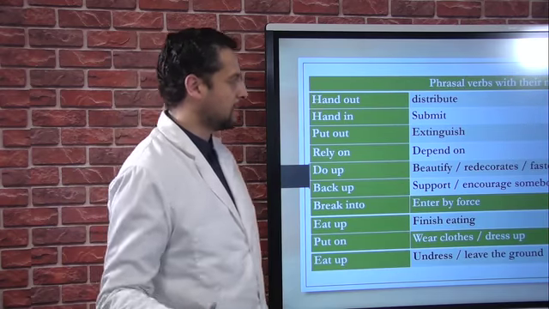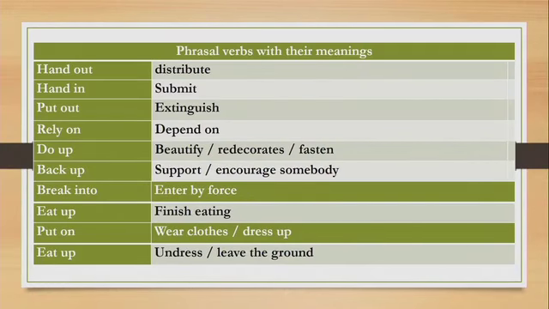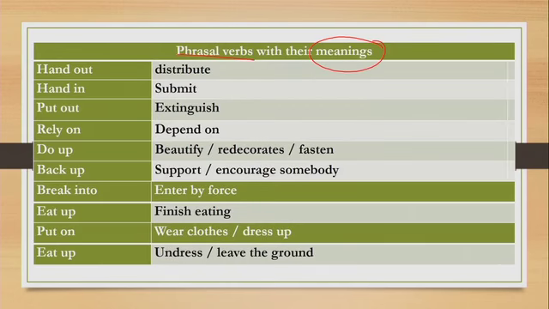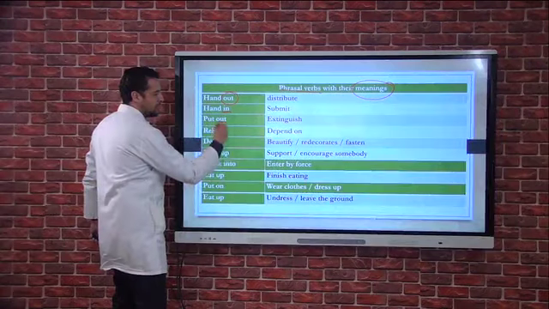Right. Now we're going to move to talk about the phrasal verbs with their meanings, the most used ones, of course. So we have the first one here. Just be careful with that. Let's have a look at this one here. We have out, preposition in, out here.